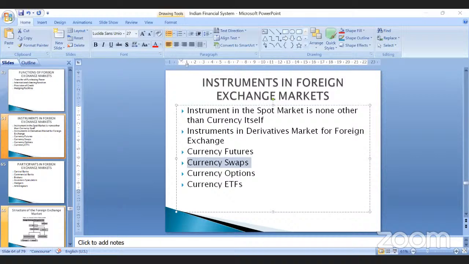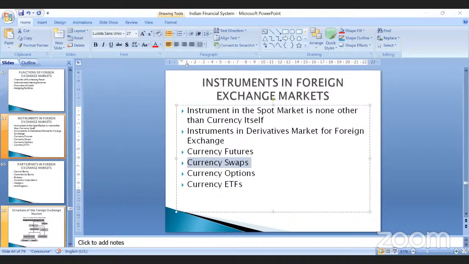A foreign currency swap is where the principal and interest payment in one currency are exchanged for principal and interest payment in another currency. I have to pay you something, and along with that principal amount, I have to pay you the interest also. So the principal and interest of one currency is exchanged for the principal and interest of the other currency. We call it currency swaps.